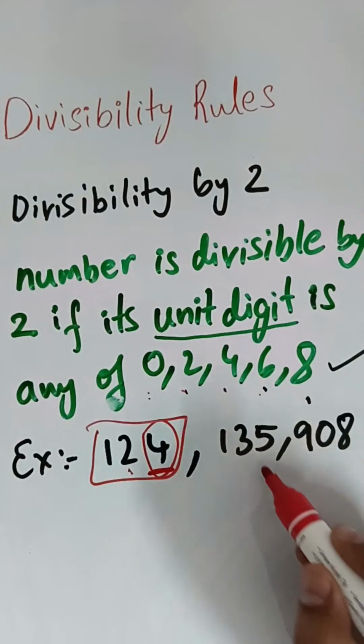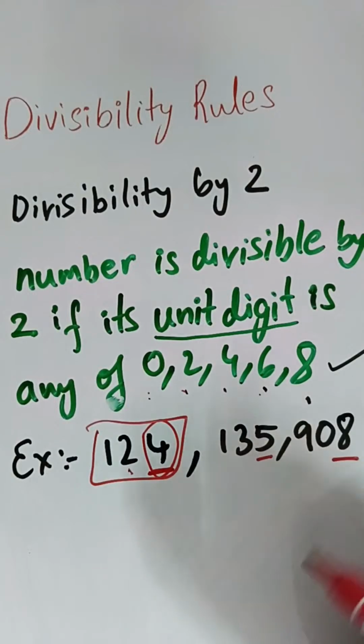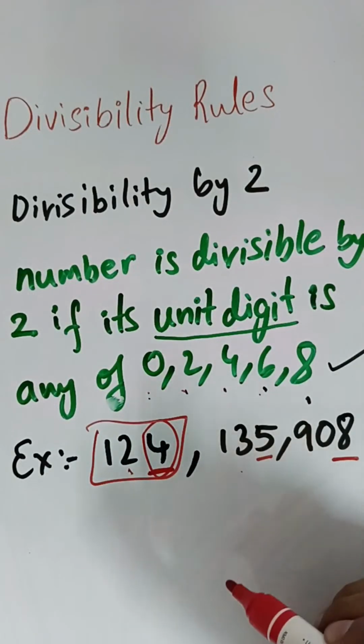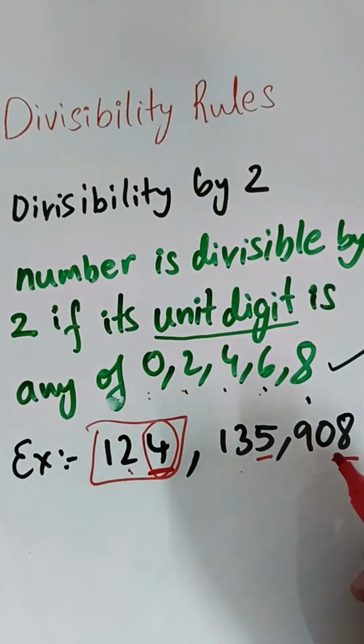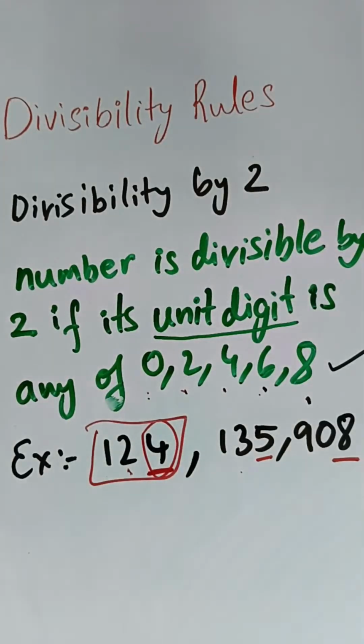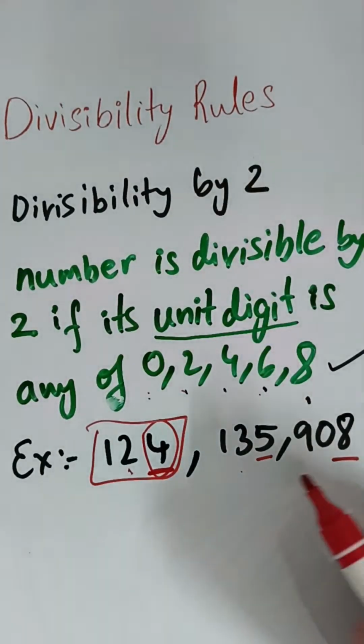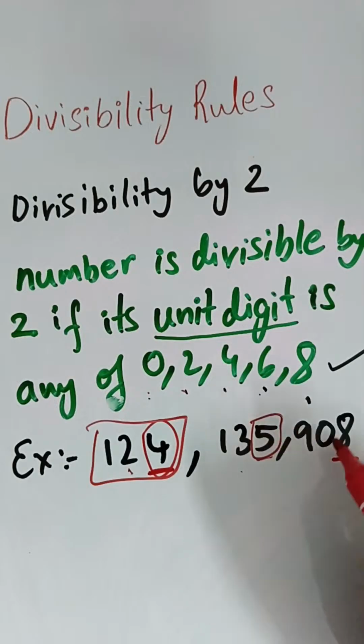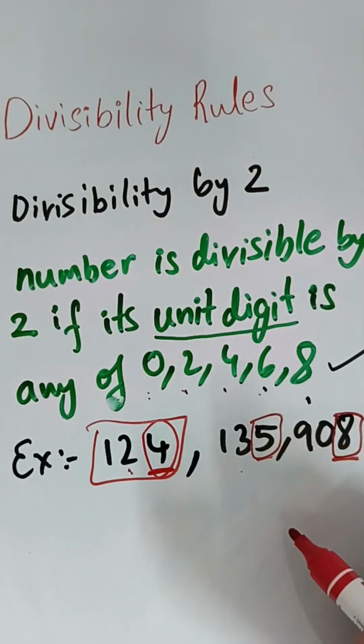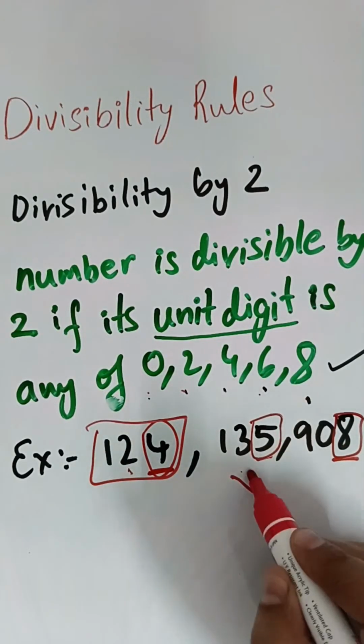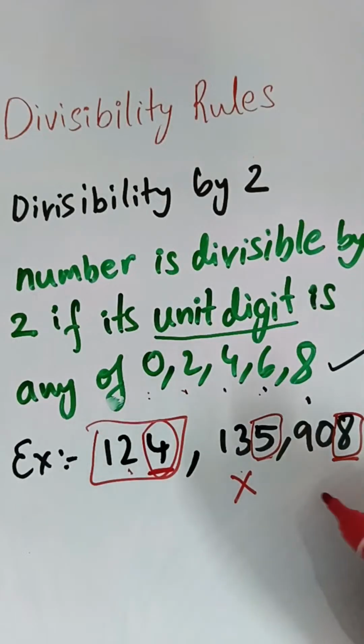Similarly, if you check the second example and the third example, the second number is 135 and the third number is 908. Okay, so here the unit place is 5, here the unit place is 8.